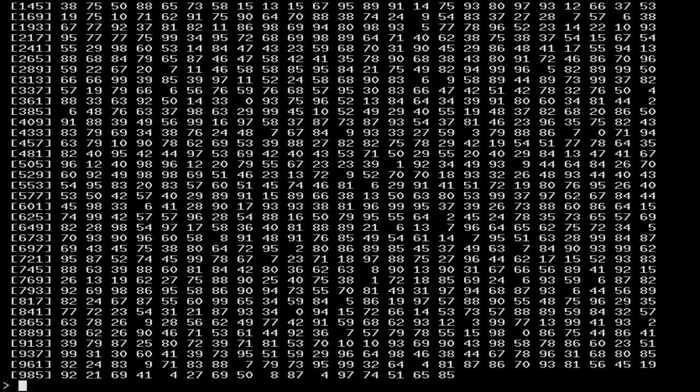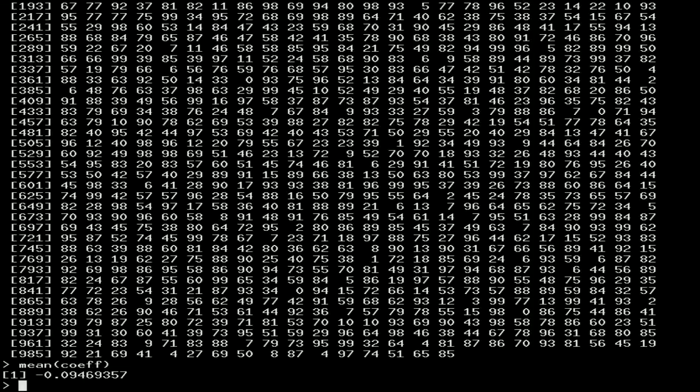Well, if we look at the mean value of all of those correlation coefficients, what we find is that we have a mean value of negative 0.0946937.